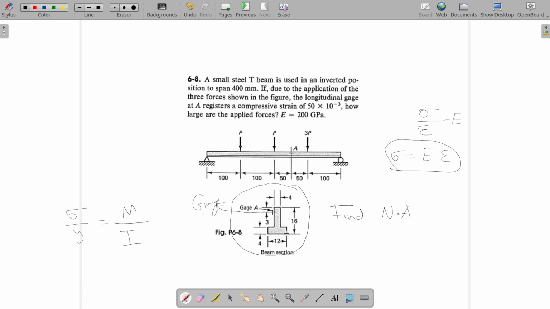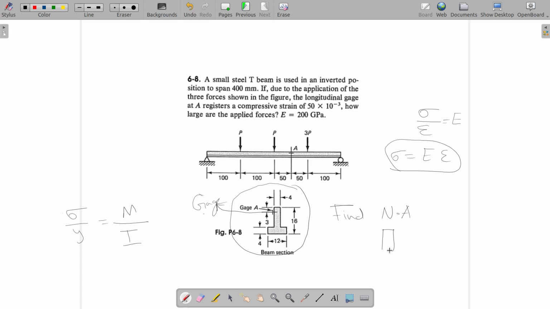Procedurally, what you need to do is just split this area into two parts, split it into A1 and A2.